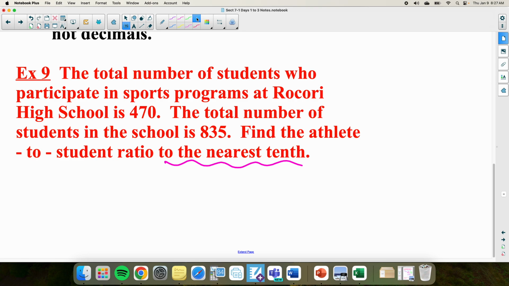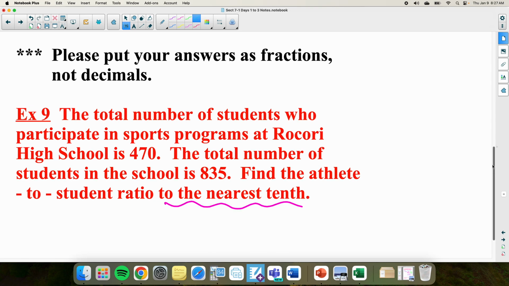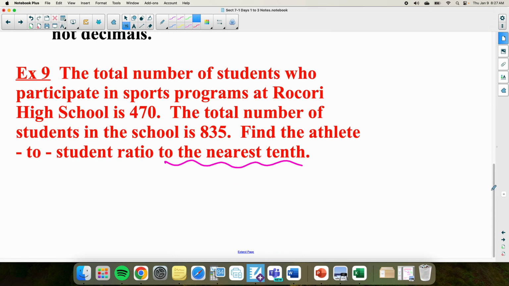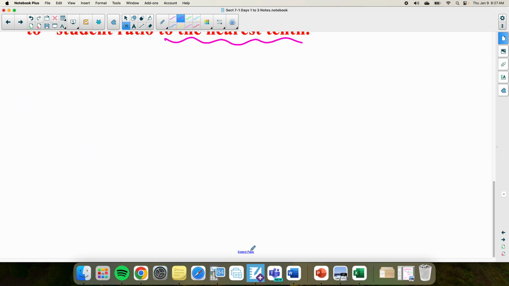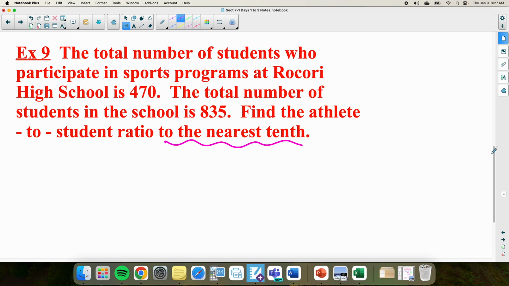So this problem right here says, the total number of students who participate in sports programs at Quarry High School is 470. The total number of students in the school is 835. Find the athlete to student ratio to the nearest tenth. So what we're gonna do is take our number of athletes and put it over the total number of students, which is 835.